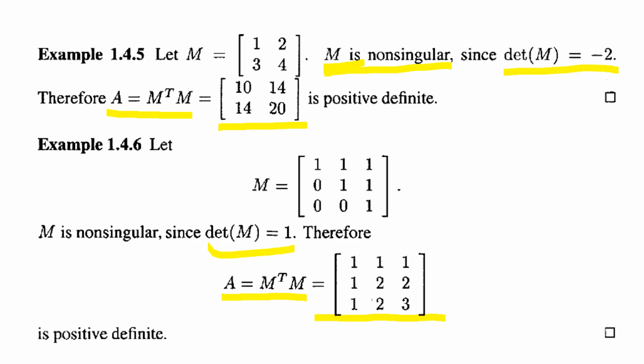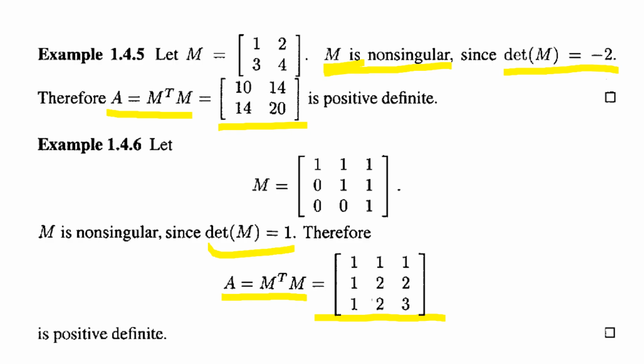You can check the leading principal submatrices, which say that A1 is positive, later on A2 is positive, and you can check easily that A3 will also be positive. Similarly, in the first example, A1 is positive, and then A2 is also positive.